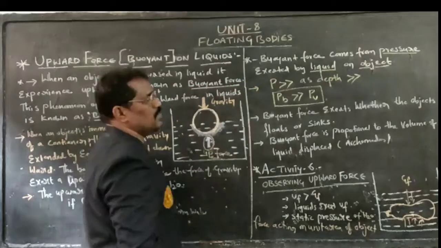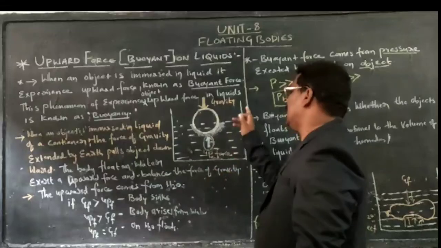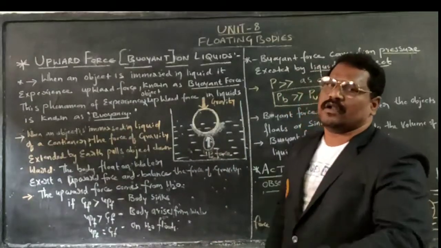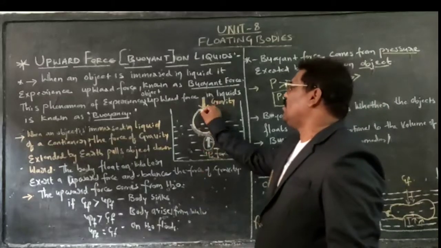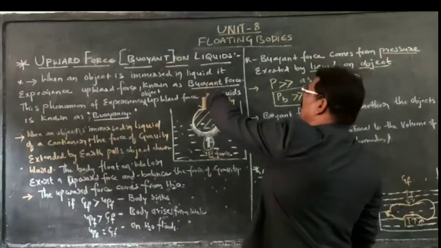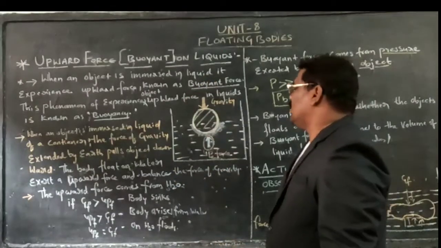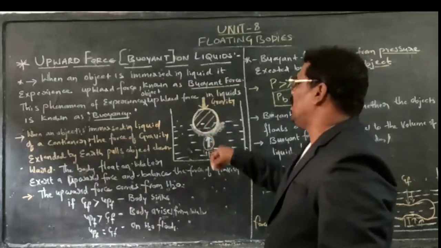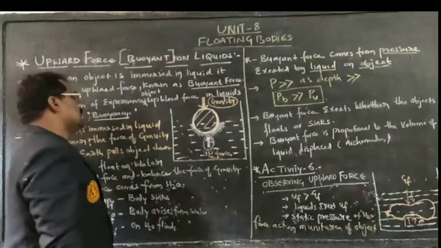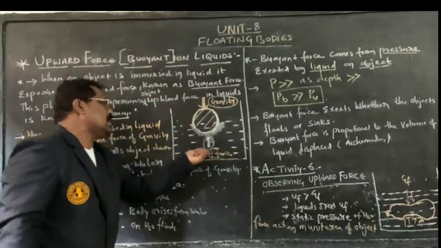To demonstrate this, what have I taken? An activity. I have taken a container and added some quantity of water. Then I take an object and immerse it within the liquid in the container. Then what happened? When I immerse the object, the gravitational pull of the earth pulls this object in the downward direction.